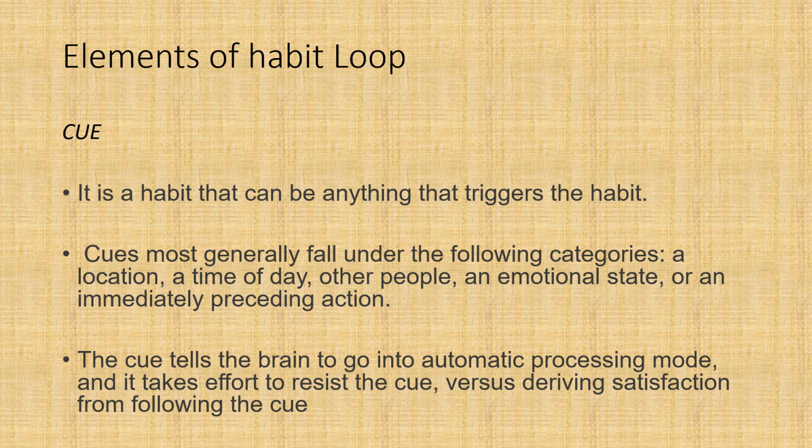So the strategies thought of and practiced for a sports match are a really good example of an immediately preceding action. I'm practicing according to my opponent's moves. This is what sports players do. So that's also another example of a cue.